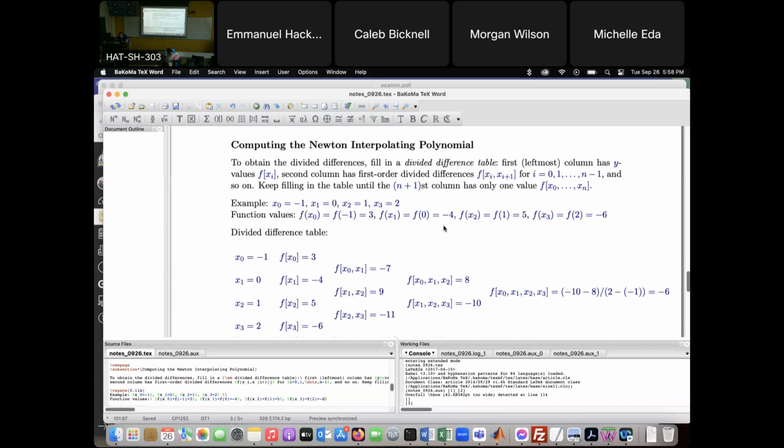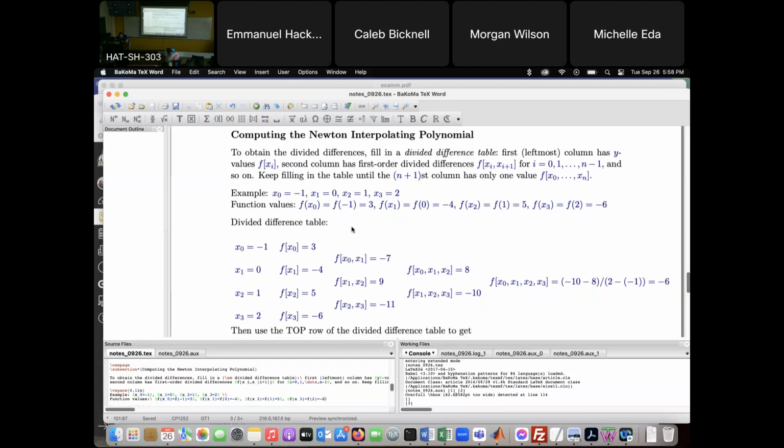So how you start a divided difference table is first you list your x values, x0, x1, x2, x3. And then you list your y values. Okay, so in this case 3, -4, 5, -6.